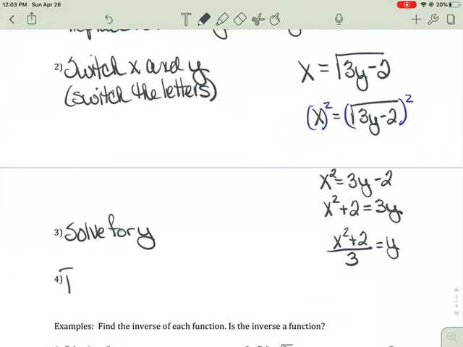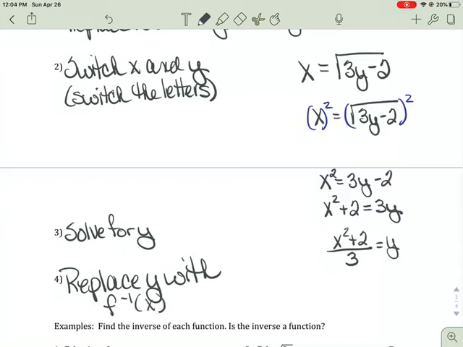And then our last step, we're going to replace y with our notation f inverse of x. I'm only going to do this if the inverse is a function.